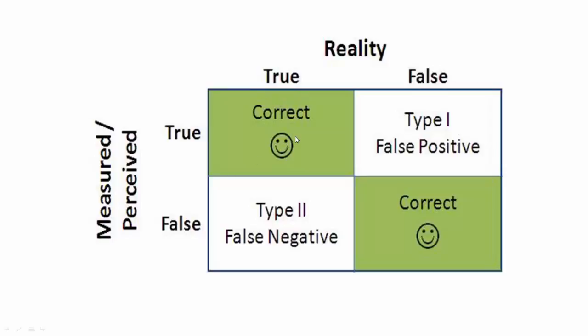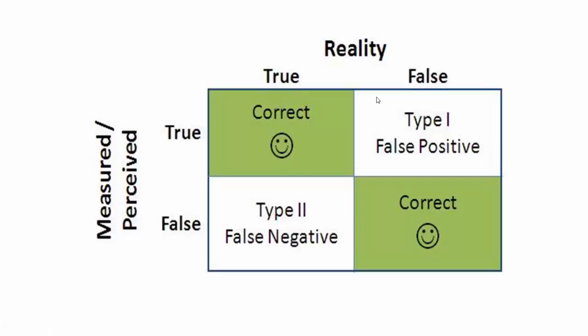If you're like me, you like to see things visually. So this is what we were talking about in a visual form. The type 1 error is here and type 2 is there. If your test, the perception or your measurement, says something is true and it actually is true, then everything's good. If your test says something is false and it's actually false over here, everything's going well as well.